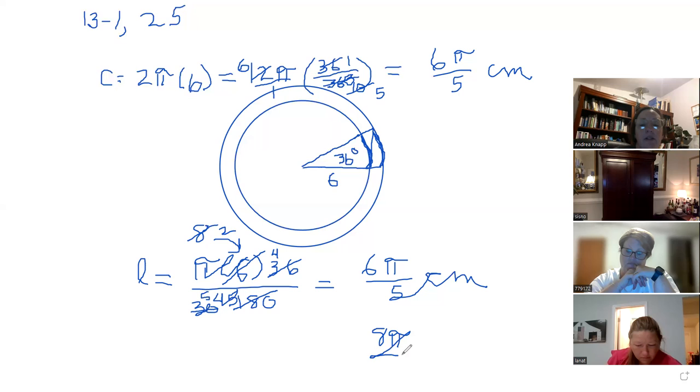And our new denominator is 5. 8 pi over 5. And the units again would be centimeters.